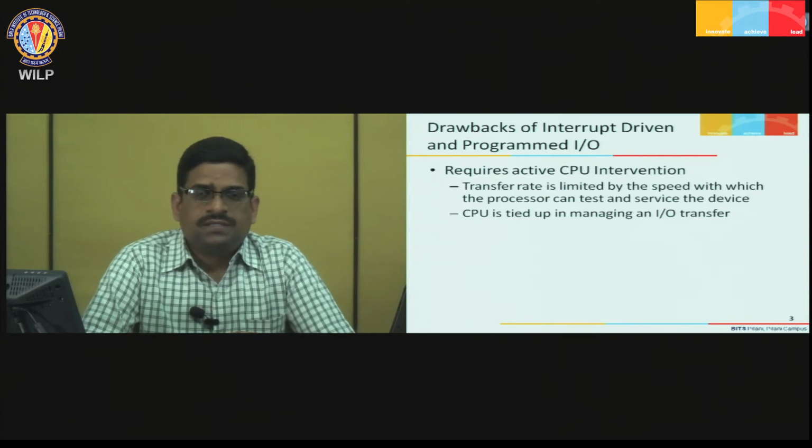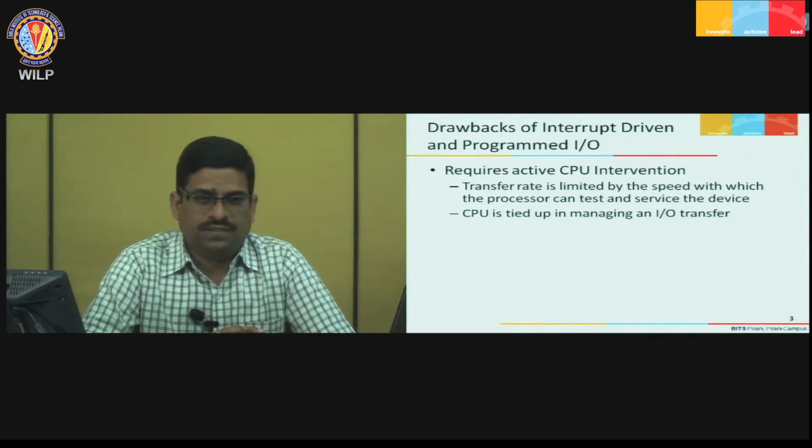As we discussed, one common thing in both cases is that the CPU's active intervention is required. How the CPU participates in the two methods is different, but active intervention is a must.